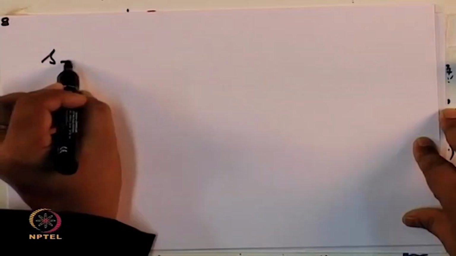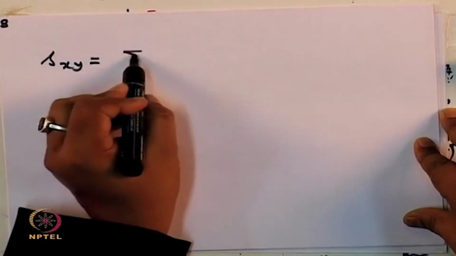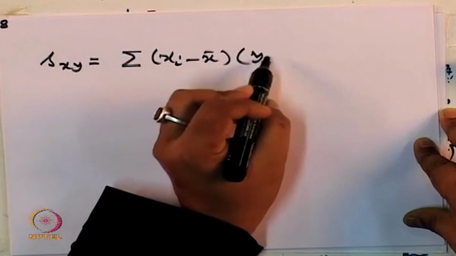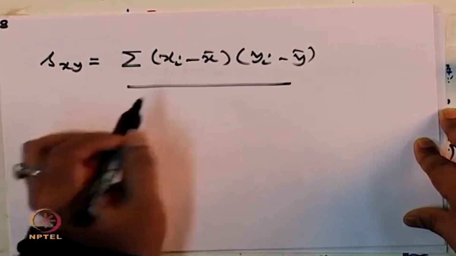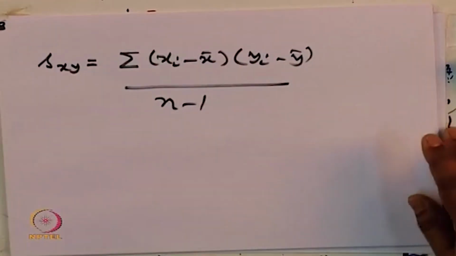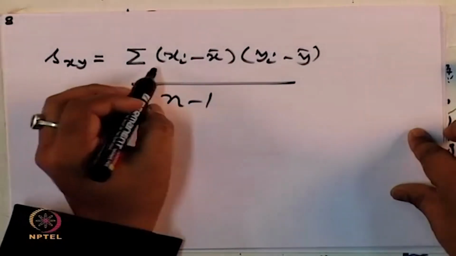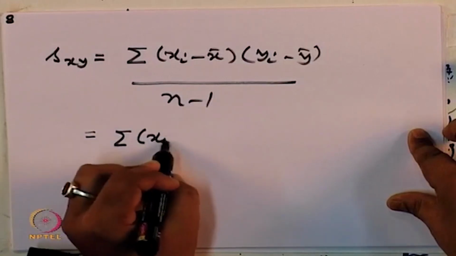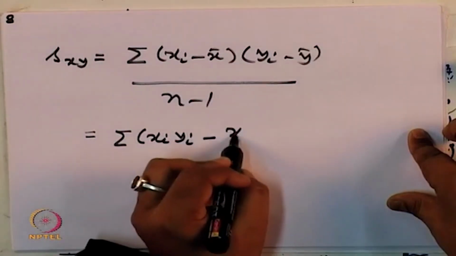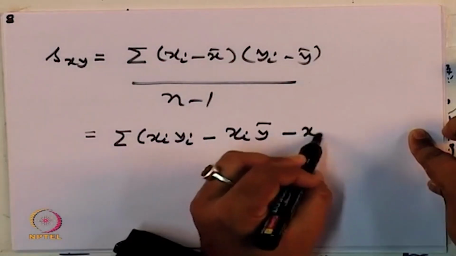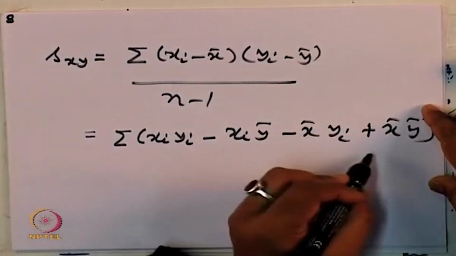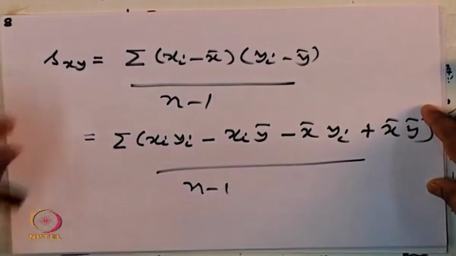Covariance is defined by Sxy is equal to summation of xi minus x bar into yi minus y bar, whole divided by n minus 1. Okay. So, I can expand this further. I can expand this to summation of xi yi minus xi y bar minus x bar yi plus x bar y bar, by n minus 1.